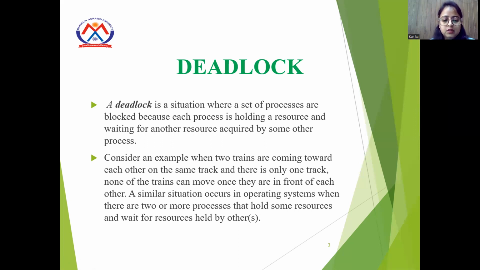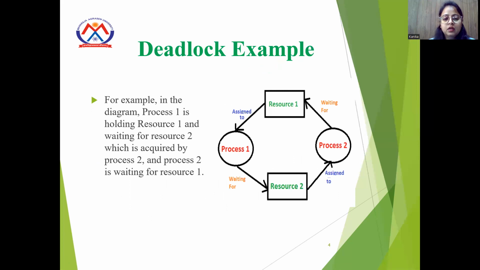So let us consider a similar situation in an operating system. When there are two or more processes that hold some resources and wait for resources already held by other processes, we will see the operating system situation with the help of a diagram. Here is a deadlock example. Here there are two processes, process 1 and process 2, and two resources, resource 1 and resource 2.